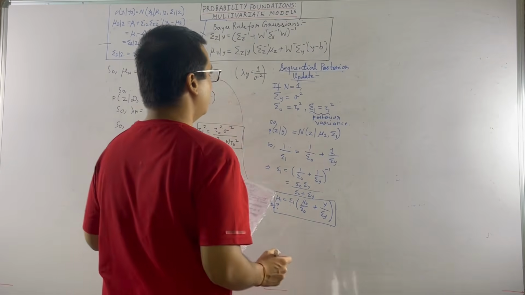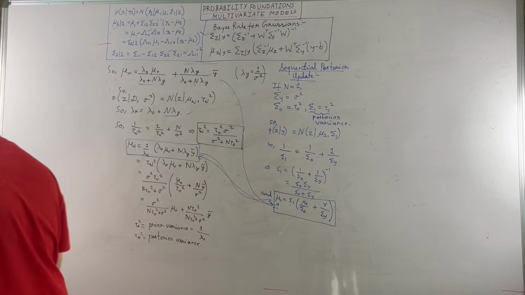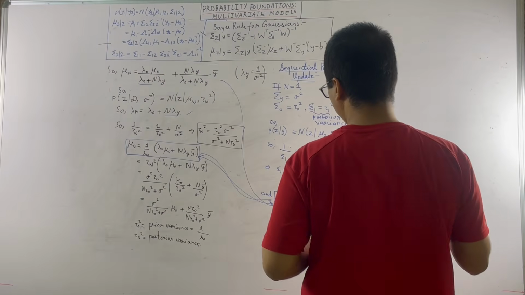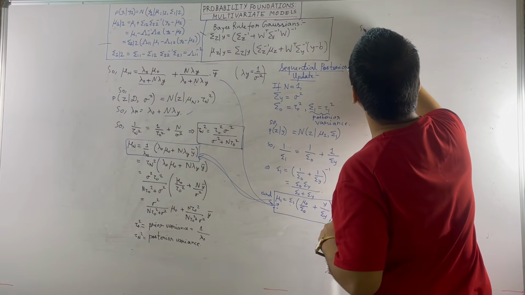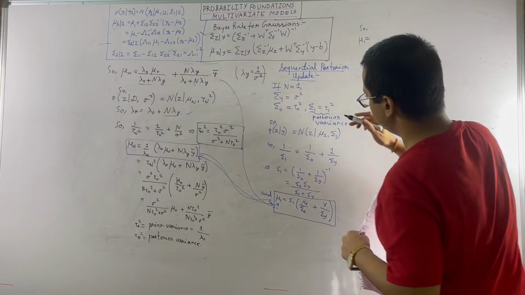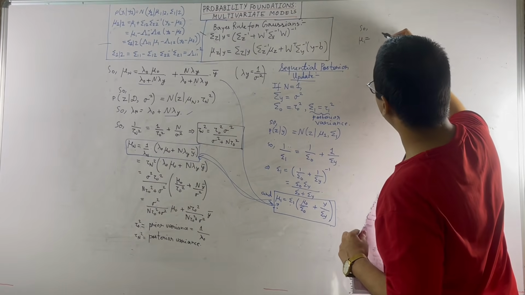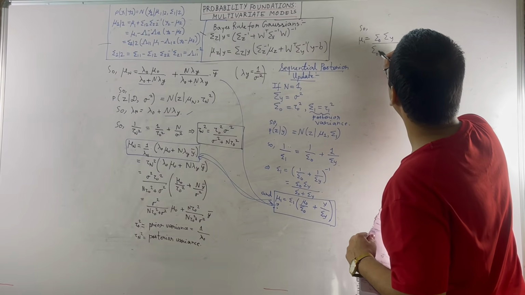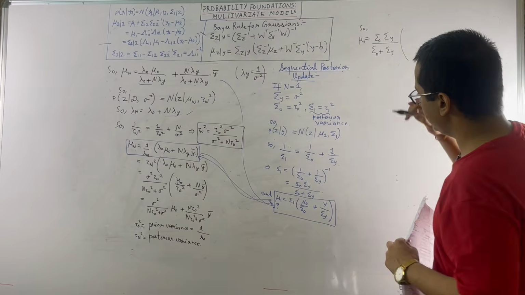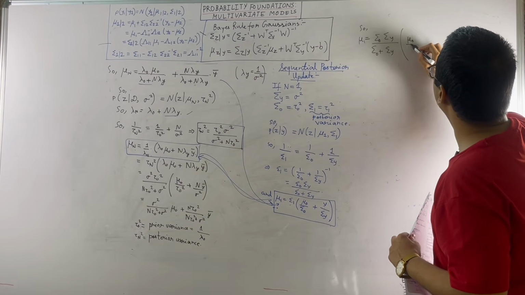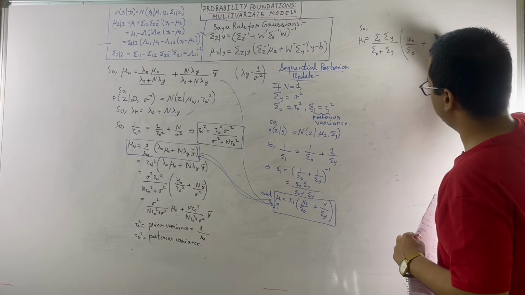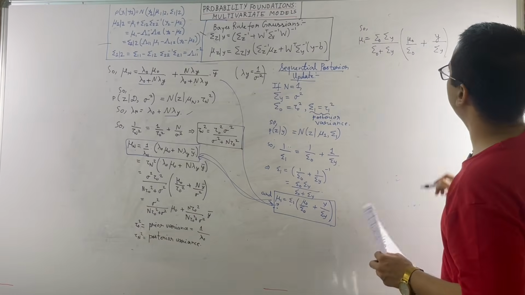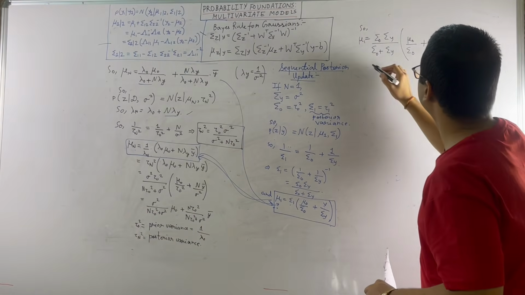So now we come to this important concept of shrinkage. We can write mu1 as equal to sigma naught sigma y, and this is mu naught by sigma naught plus y by sigma y. If I expand it, what do I get?